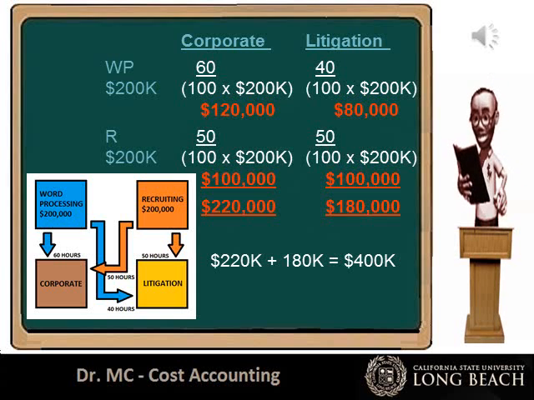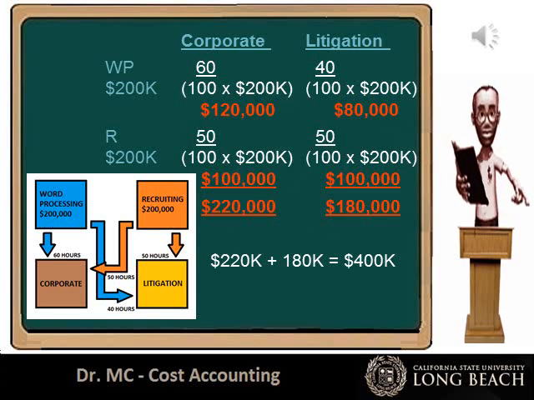By dividing the corporate department's 60 hours by the 100 total hours, you calculate that corporate receives 60% of word processing's costs. Similarly, when you divide litigation's 40 hours by the 100 total hours, you calculate that litigation receives 40% of word processing's costs. Therefore, corporate receives $120,000 of word processing's costs and litigation gets $80,000 of those costs.